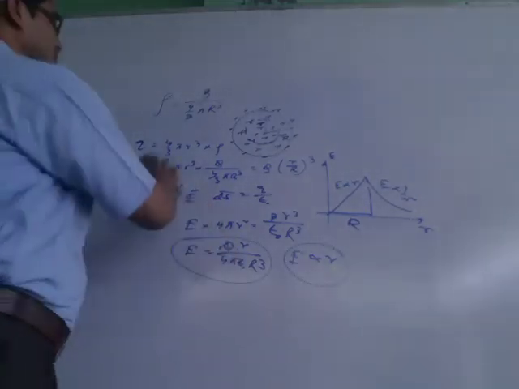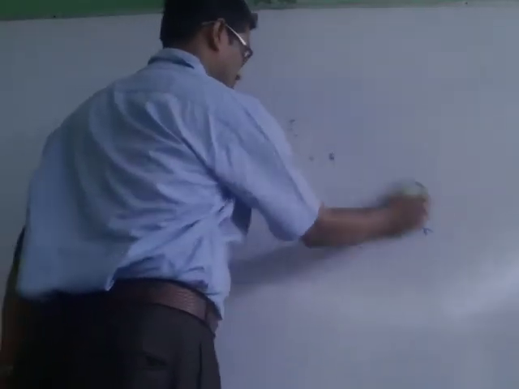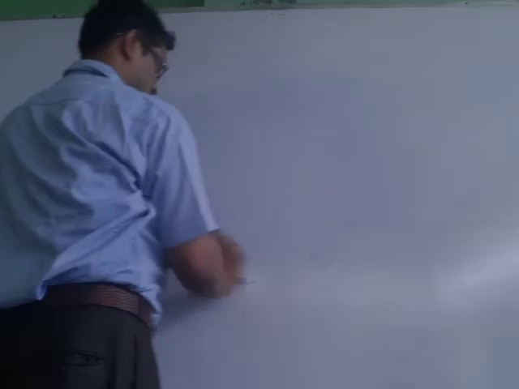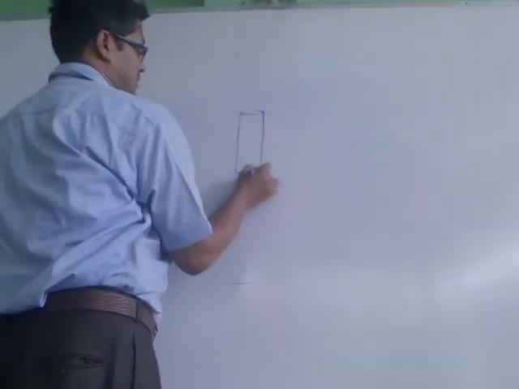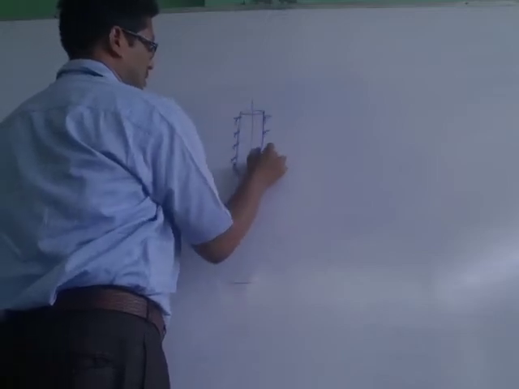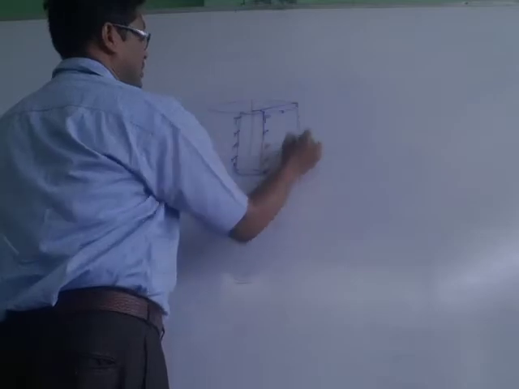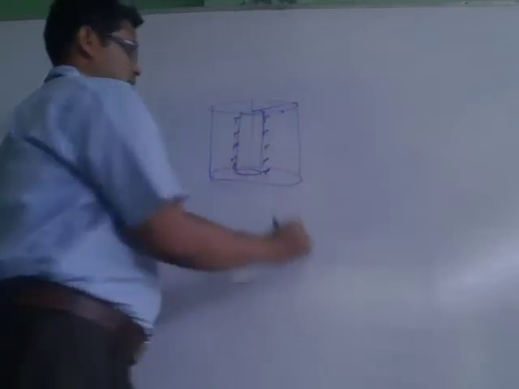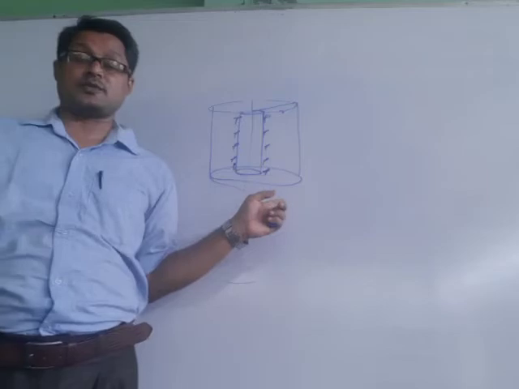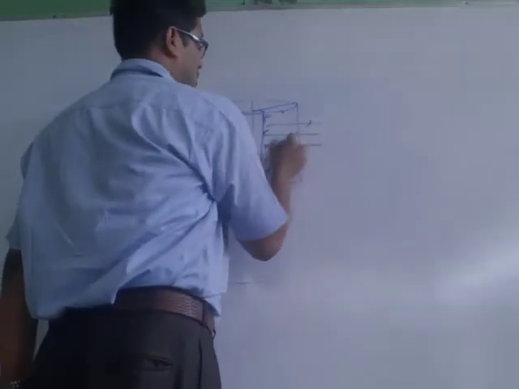Now I am going to the field due to a charged cylinder. I want to find out the intensity at a distance small r. So I am considering a cylindrical Gaussian surface, a coaxial cylindrical Gaussian surface, and the electric lines of force will go perpendicular to the curved surface.